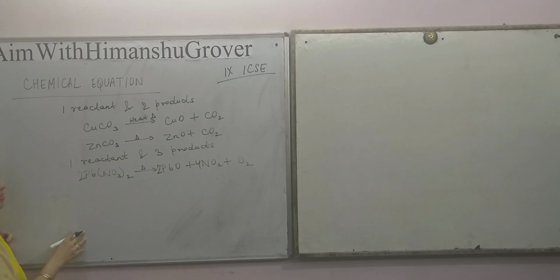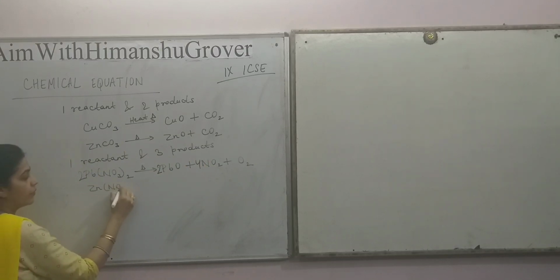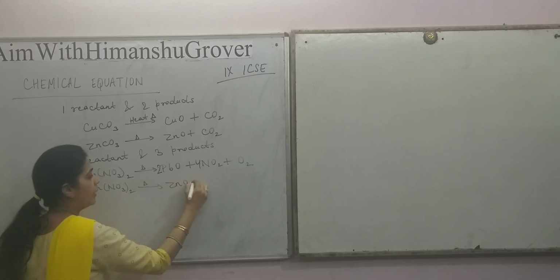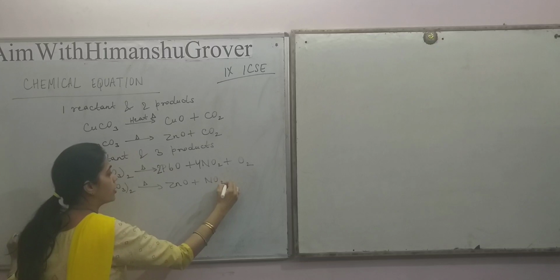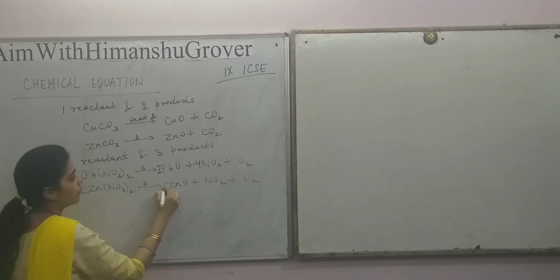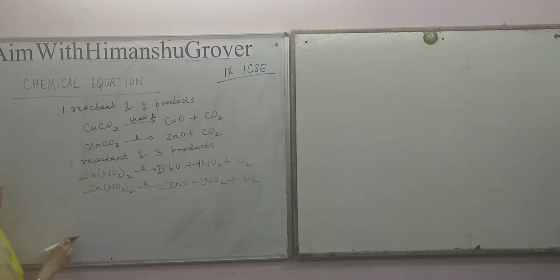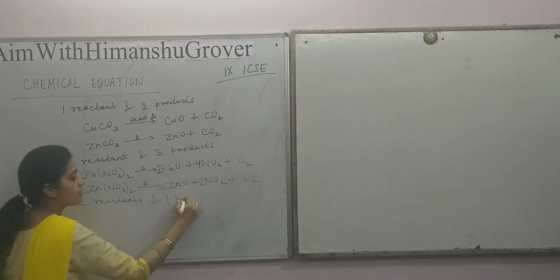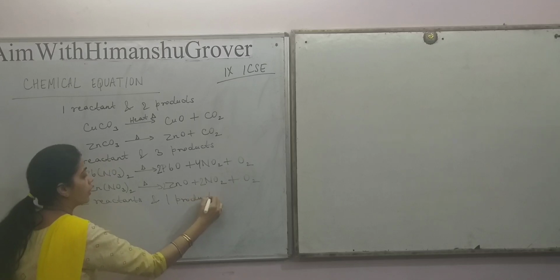Now it is balanced. Similarly, zinc nitrate, when it is heated, gives zinc oxide plus nitrogen dioxide plus oxygen gas. Next, we may have two reactants and one product.